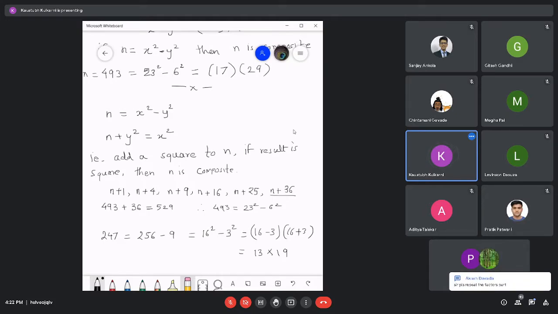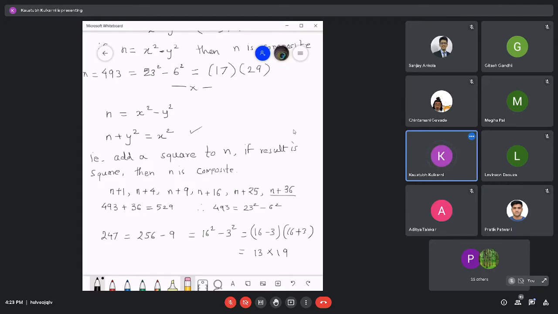Factors means you multiply the factors to get the number. So if we find the factors, then the number is obviously composite, not prime.